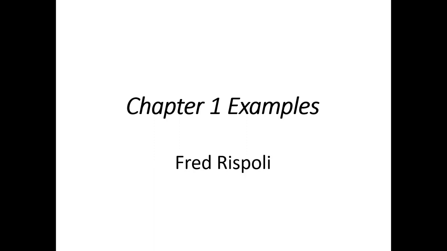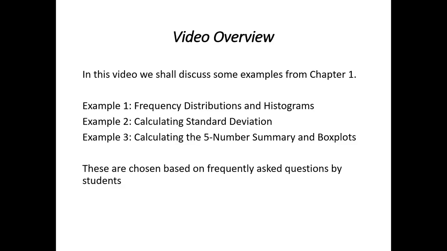In this video, we're going to cover some key examples from Chapter 1 of Ott's book, Probability and Statistics for Science and Engineering with examples in R. In particular, we'll look at three examples. The first one will discuss frequency distributions and histograms.